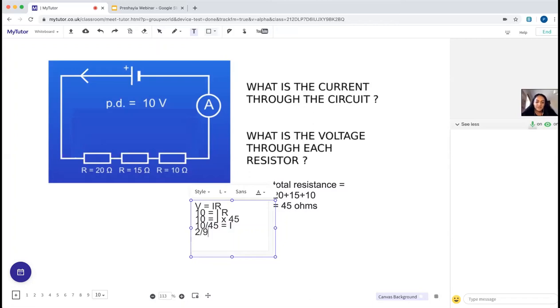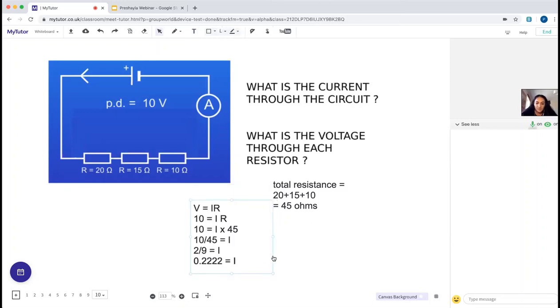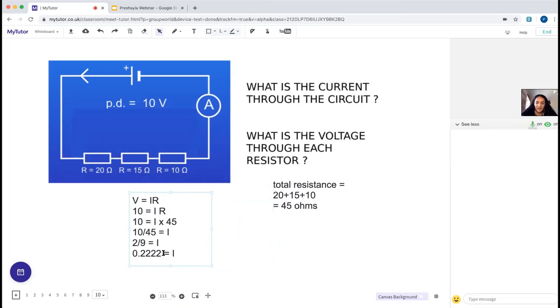So 2 over 9 equals I. And then 2 over 9 as a recurring decimal is 0.222 recurring. So that would be our current, okay? So our current is 0.2 recurring amps.